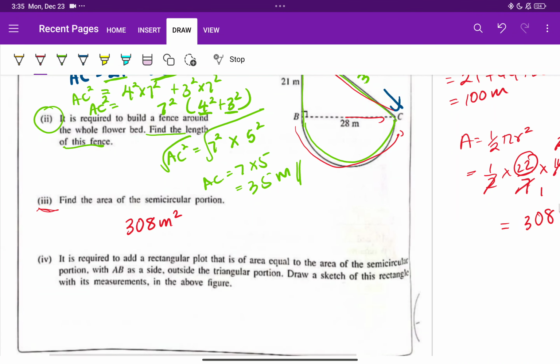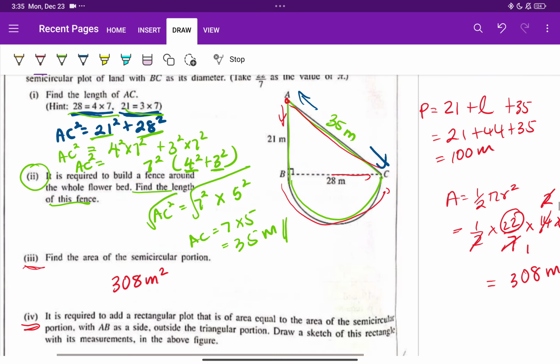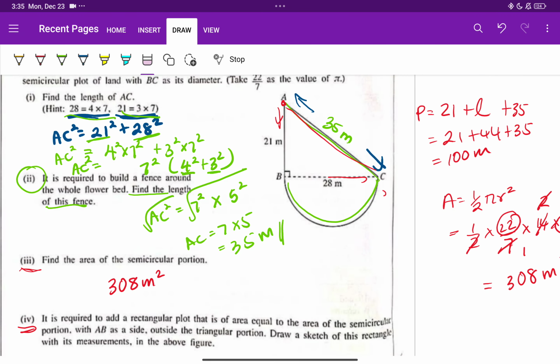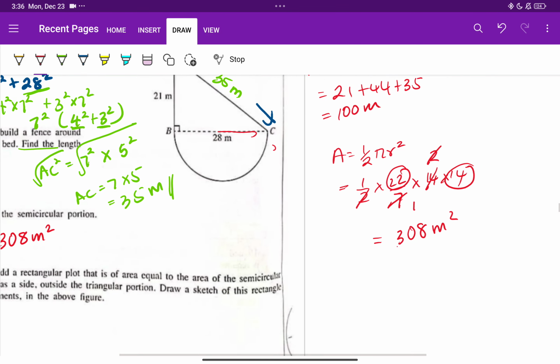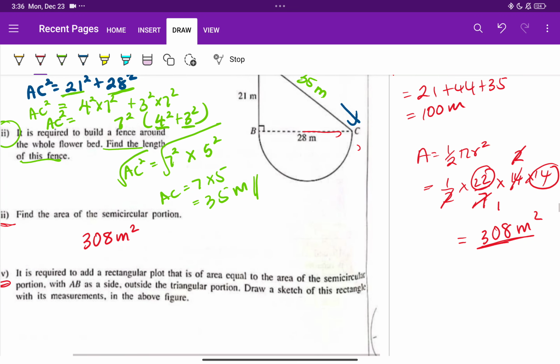Finally, the last question. It is required to add a rectangular plot that is equal to the area of the semicircular portion. So we have to insert a rectangle into this shape, right? Add a rectangular plot that is of equal area of the semicircle, so that's 308, outside the triangular portion.